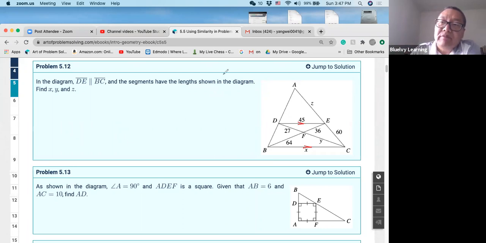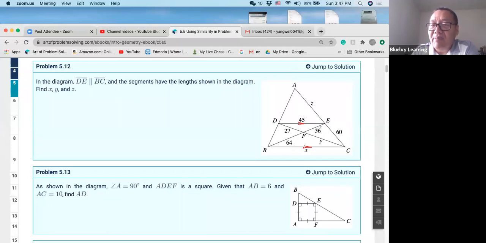So I already emphasized a couple of times. When you see parallel lines, definitely you get similar triangles. Okay? See DE parallel with BC. Then you can see triangle ADE will be similar with triangle ABC. This is one pair of triangles, you already see that.